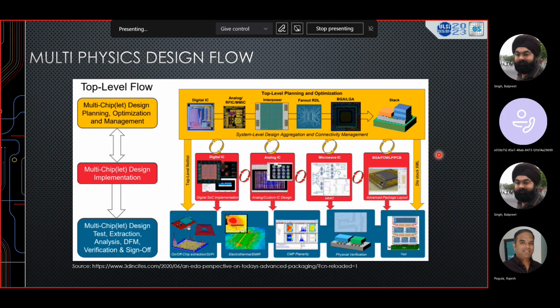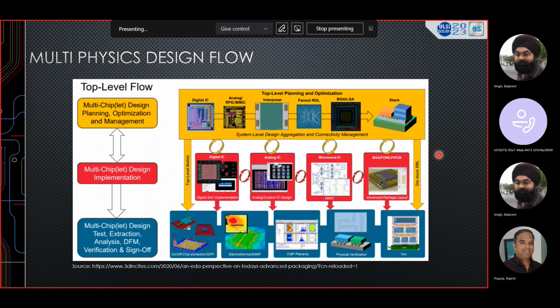So let's talk about multi-physics design flow. To implement it, I've divided it into 3 segments here. One is early design: how do you do early planning and identify the issues upfront? That is very critical. Earlier we used to have a chip and give it to the package team. Maybe they just do the package routing, do the simulations and so on, and deliver.